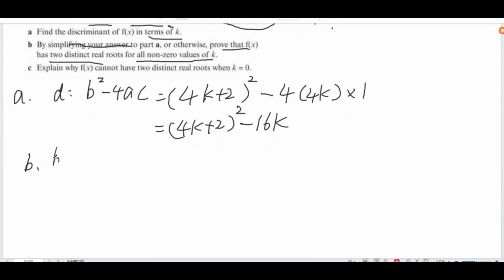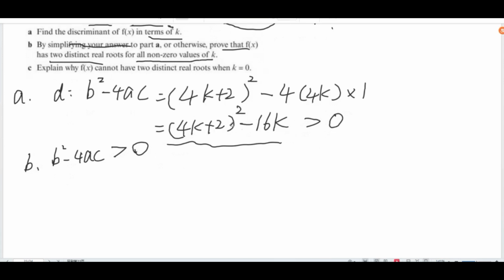The discriminant is greater than 0. We have to do this with inequalities, okay? When we do the next chapter, we call inequalities. So this formula will be greater than 0. So we have to simplify this formula.